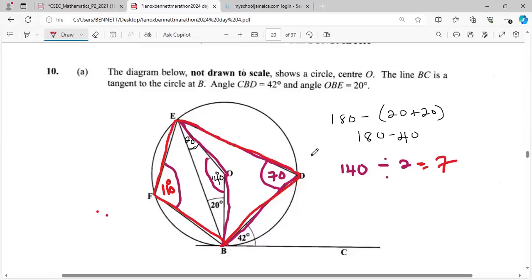Look at this orange color. It's a cyclic quadrilateral, so this plus this must give you 180. Once you find the 70, which is half the angle at the center, we can figure out this one over here, because this plus this gives you 180. So that works out to 110.